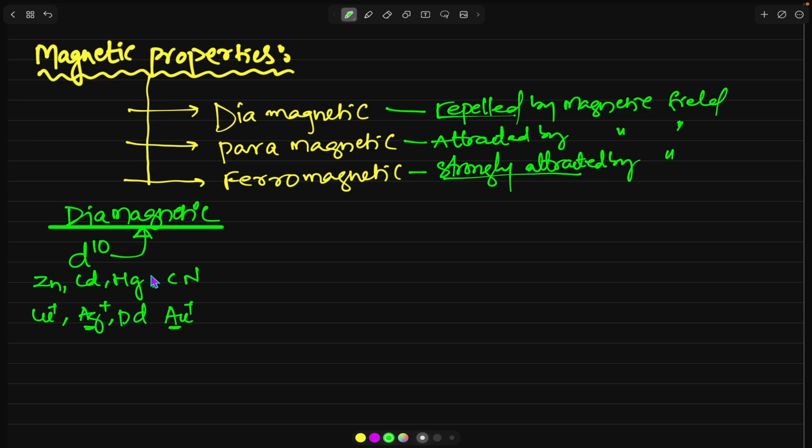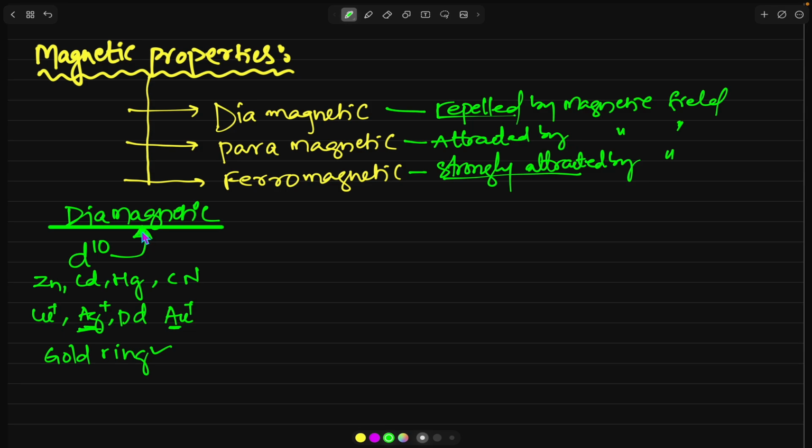You can check your gold ornament, gold ring. If you take a gold ring and check it with the magnet, it is not attracted by it. A gold ring is the best example for this. All silver ornaments also don't show any behavior towards the magnetic property. So this is d10 configuration.